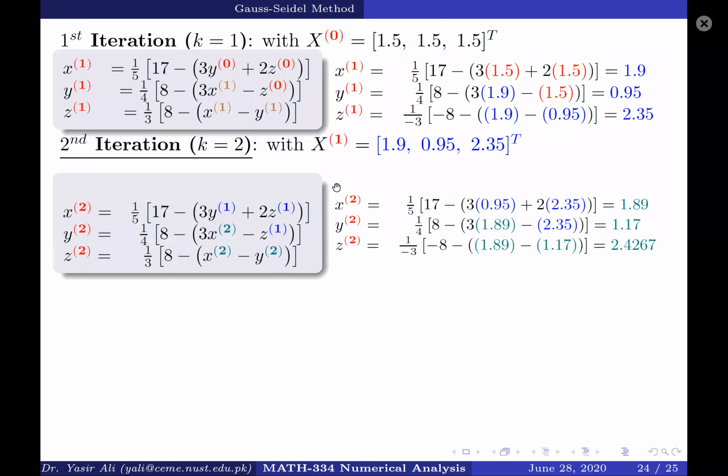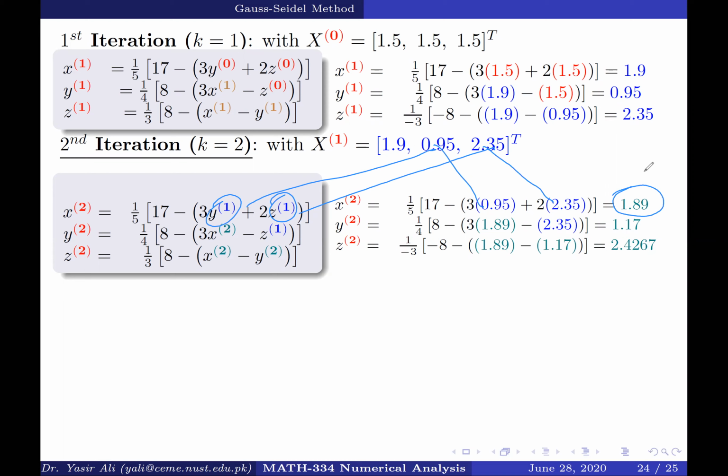Now for the second iteration, I have this initial vector, and to use this vector, I'm going to calculate the second iteration. For y1 and z1 the old values are used from here, and using these values, I can calculate x2.